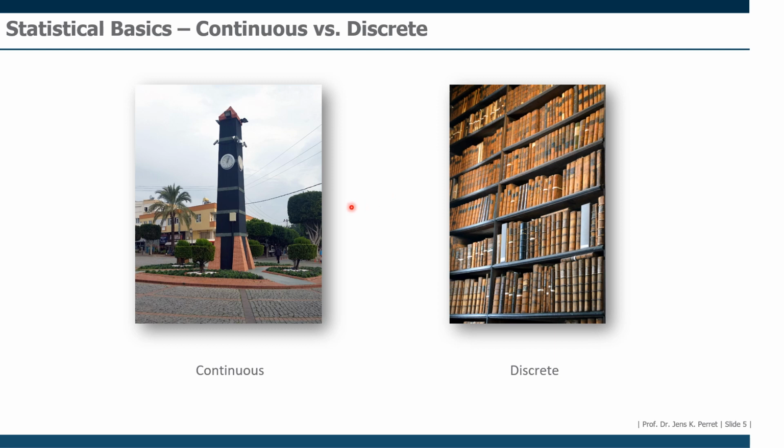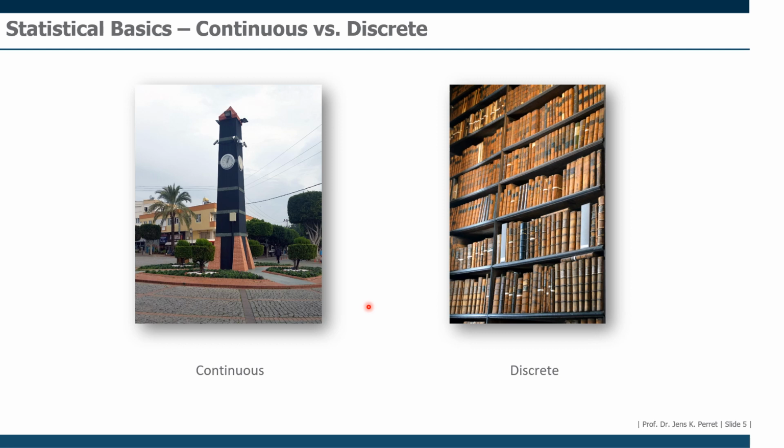Then again, there might be something in between those two, which we would call quasi-continuous. That's something like income. Because if you earn income, it's usually only to 2 digits after the decimal point. So if we talk about euros, it's in euros and cents. Same goes for the US dollar, it's usually in dollars and cents.